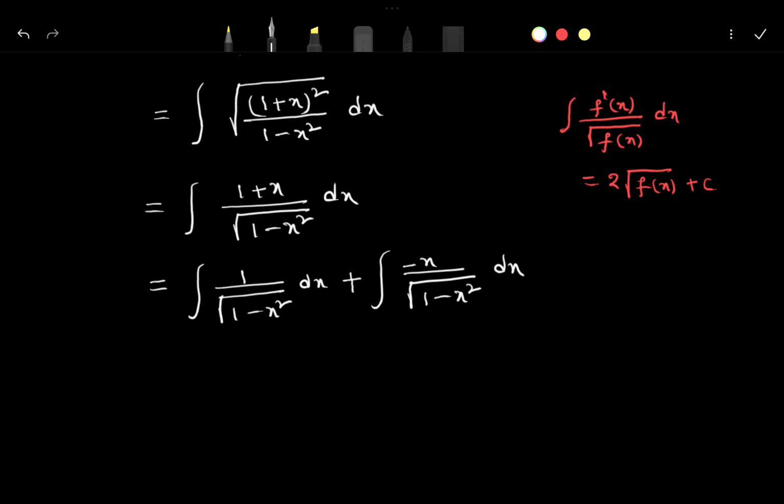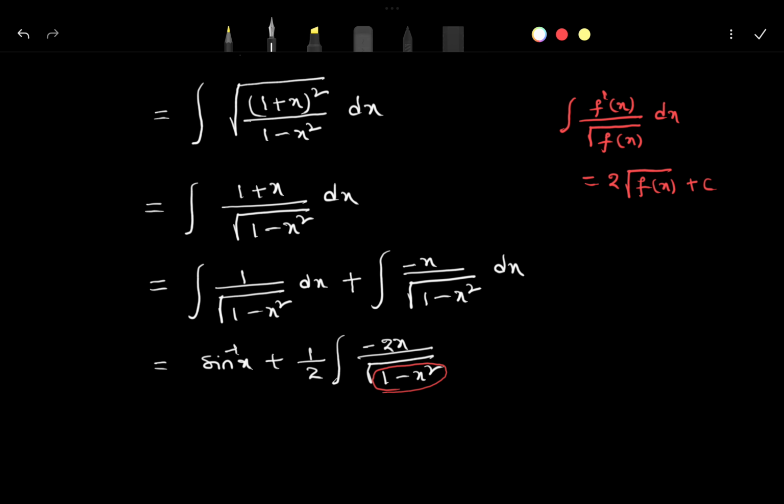By using this value, integration of 1 by root 1 minus x square will be sine inverse of x, plus here you multiply and divide by 2, that is 1 by 2 into integration of minus 2x by root of 1 minus x square. See very clearly, whatever is under the root is f of x.